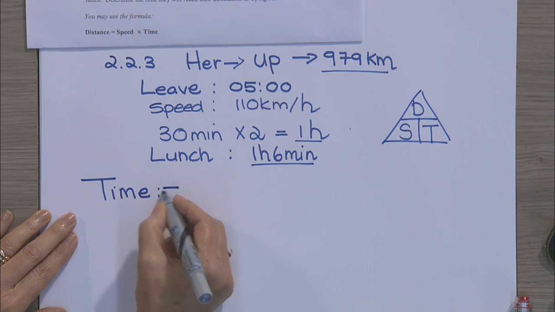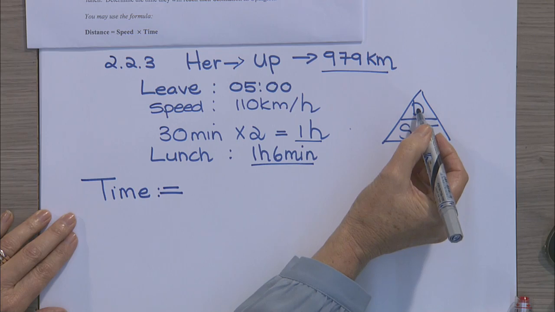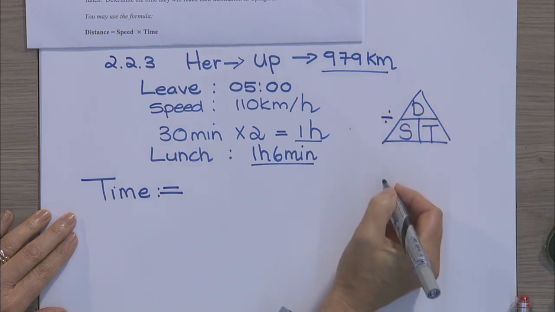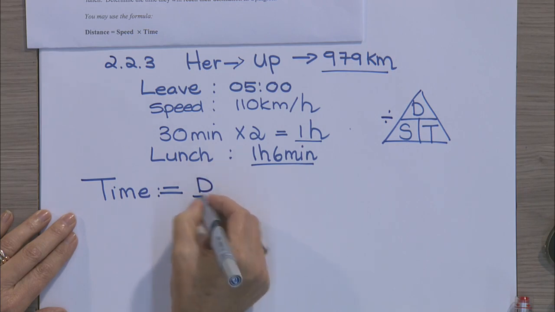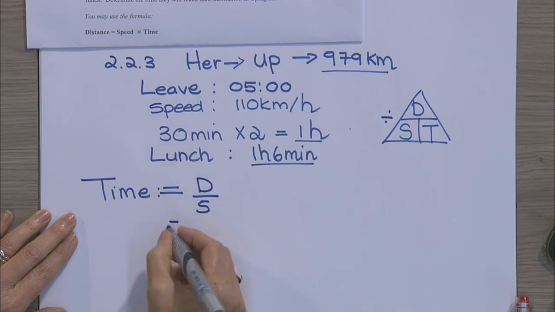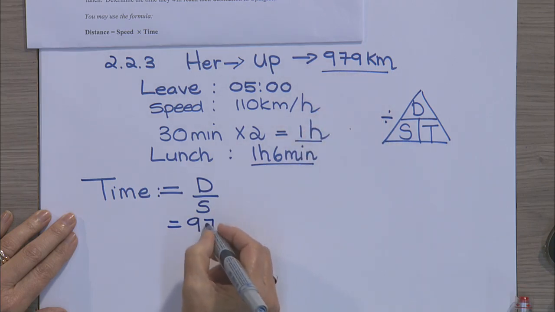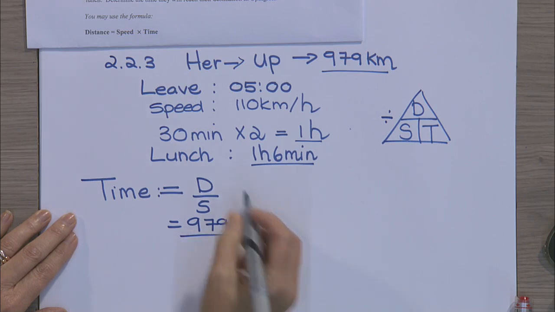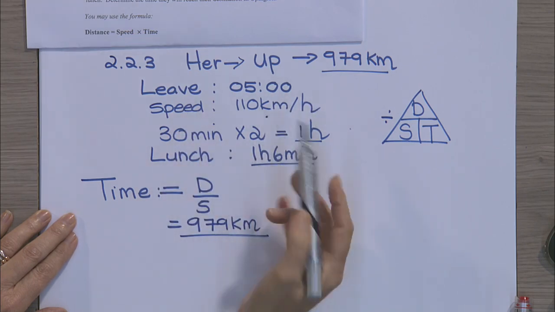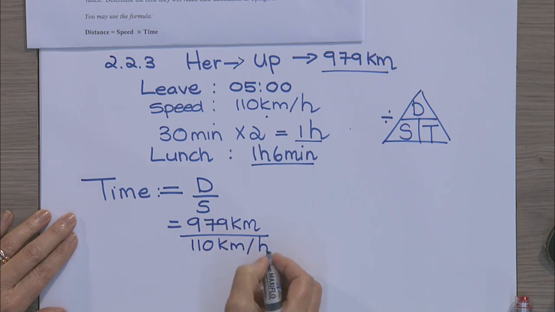So the time for the journey is distance divided by speed. What is the distance? I have the distance. The distance is 979 kilometers. What is the speed? I have the speed. The speed is 110 kilometers per hour.